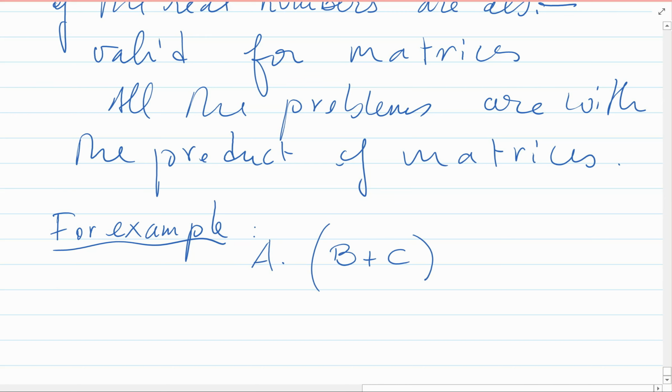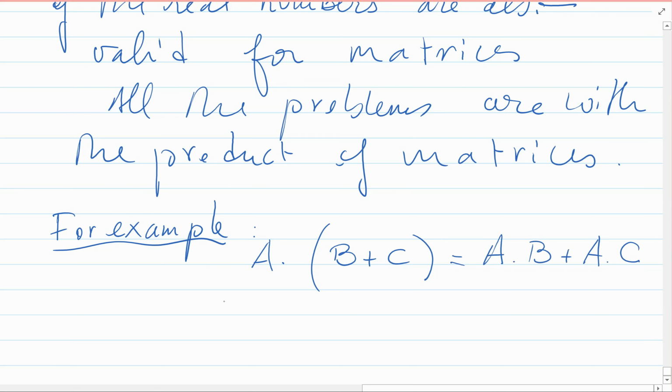In order for me to do B plus C, the size of B and the size of C must be the same, meaning the number of rows and the number of columns. But in order for me to do A times (B plus C), the number of columns of A must be equal to the number of rows of B, which is the same as C. Once it is possible, what we have is A times B plus A times C. We cannot change the order: what's to the left stays to the left, what's to the right stays to the right.